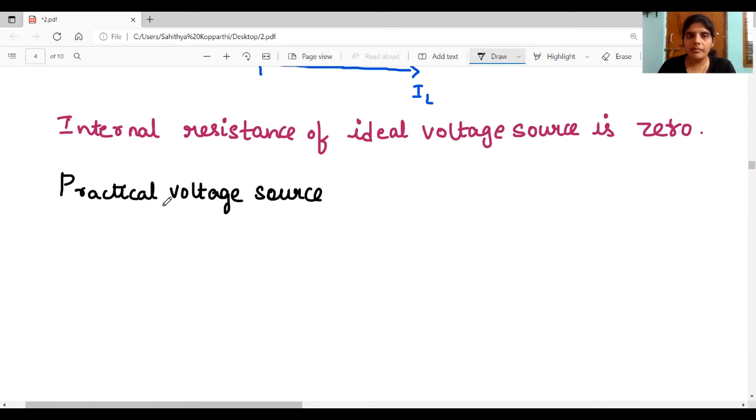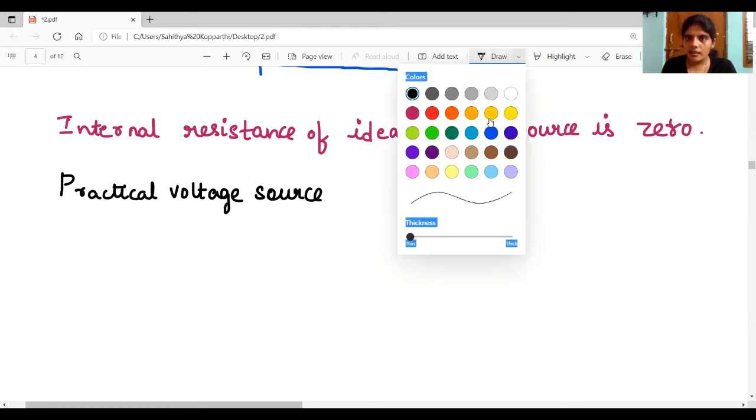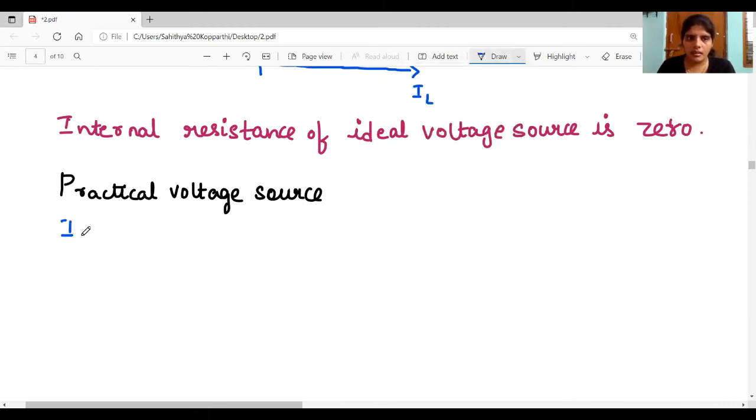So it will have some finite internal resistance.